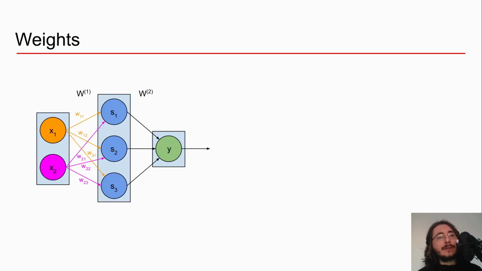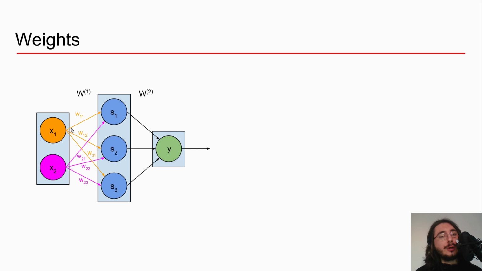So here we have our nice multilayer perceptron neural network, and as you can see, we have this uppercase W1 and uppercase W2. These are the weights. In the case of W1, these are the weights for all the connections between the inputs, x1 and x2, and the hidden layer, so the S1, S2, and S3 neurons.